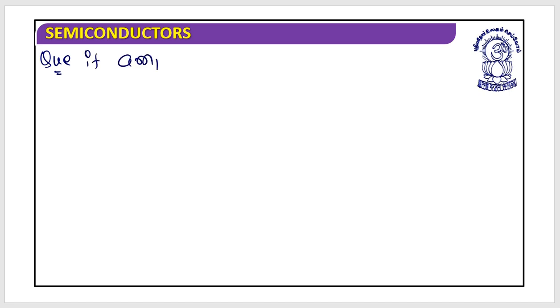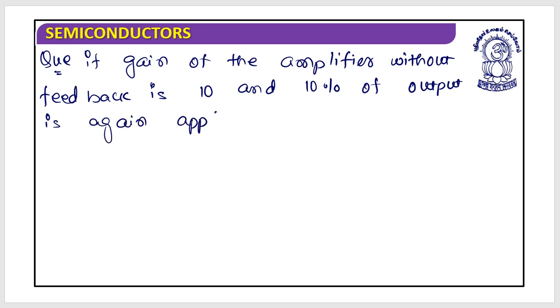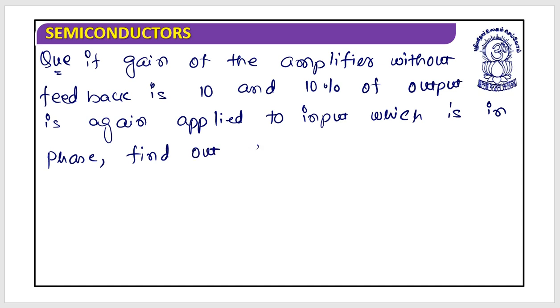If the gain of the amplifier without feedback is 10 and 10 percentage of output is again applied to the input, which is in phase, then find out the gain with feedback.